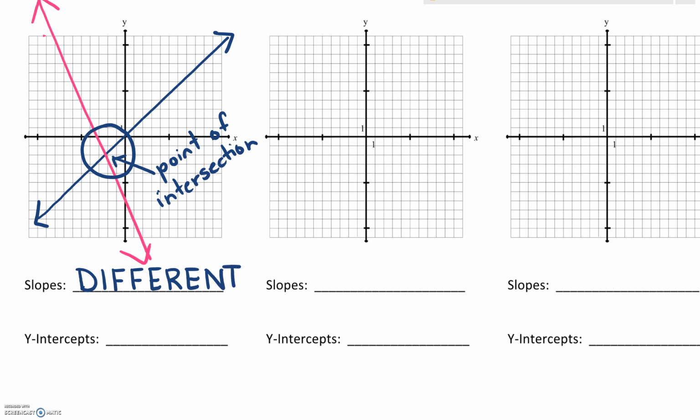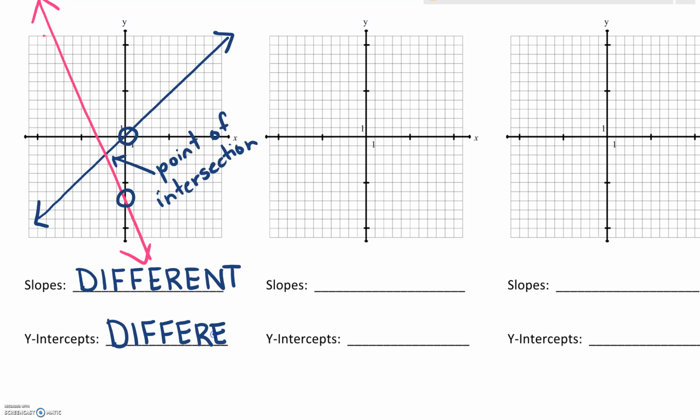In a second, we'll do an example when the slopes are the same so that you can see what that looks like. In this example as well, if you take a look at the y-intercepts, there's one y-intercept happening here, and there's one y-intercept happening right in here. So both of those y-intercepts are also very different.